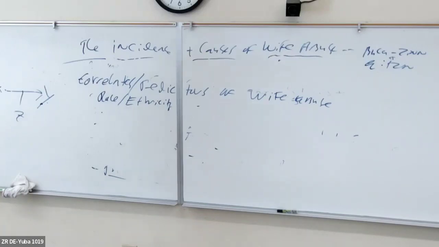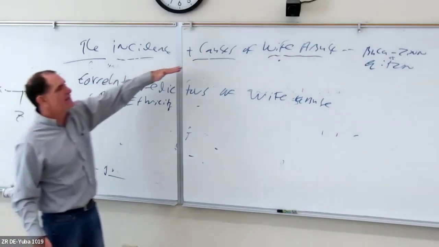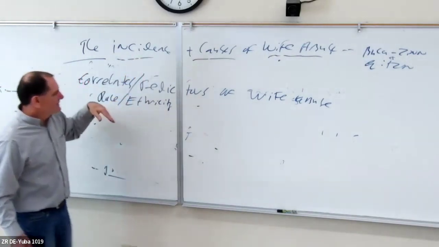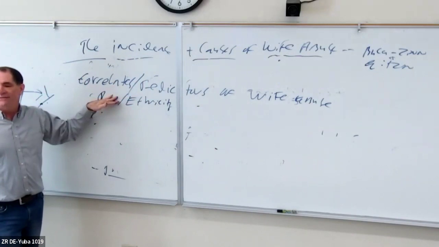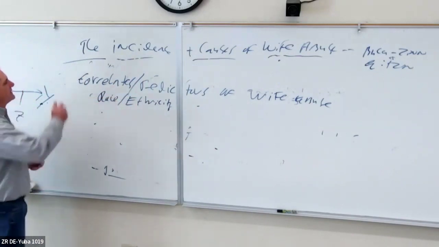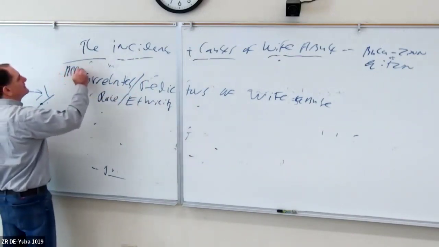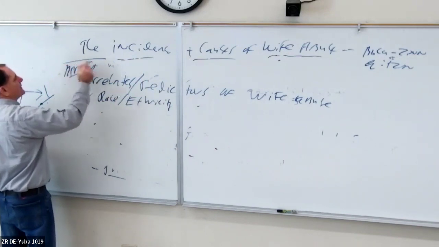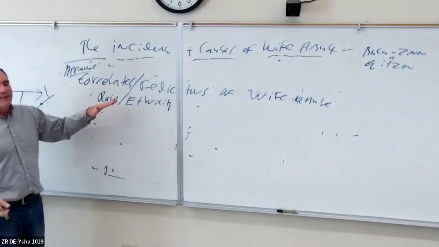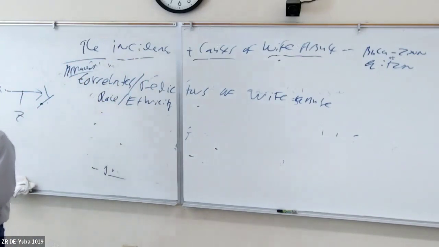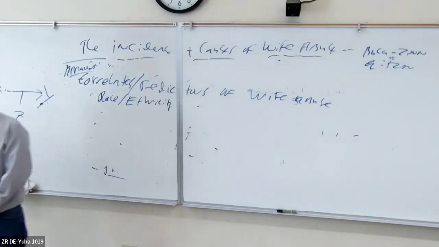Because the incidence data seem to tell us, and I should call these apparent, the data seem to tell us that if you're a black or Latino woman, you're more likely to experience wife abuse. They seem to tell us that, but do we know for sure?